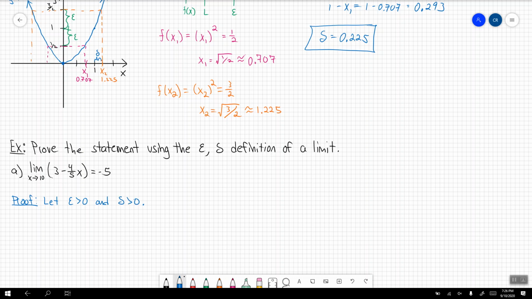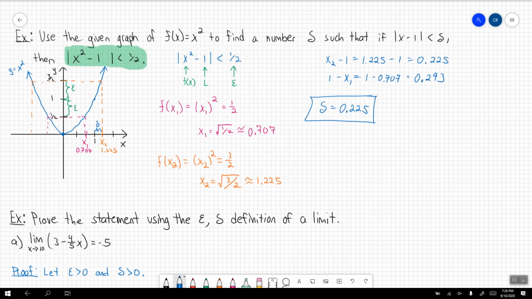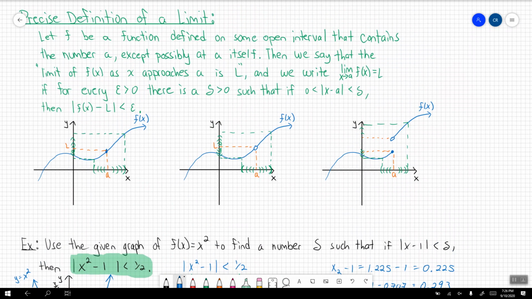Awesome. That's where we want to start. Once we have this, then we can start using the definition of the limit. The definition of the limit says that if we have an epsilon greater than 0, then there will be some delta greater than 0. So again, we've already stated that.